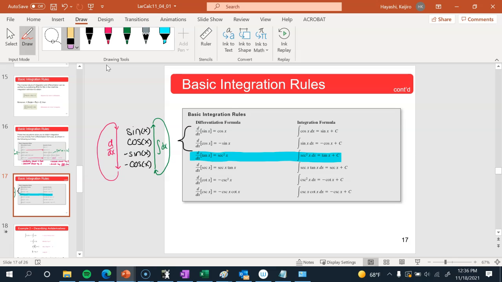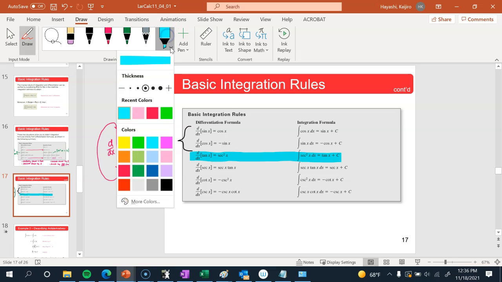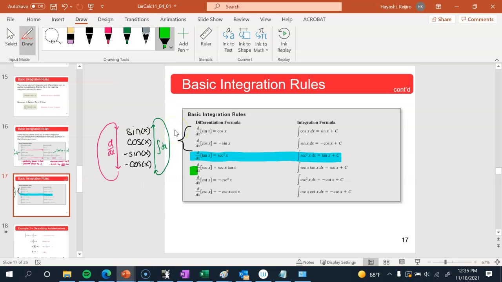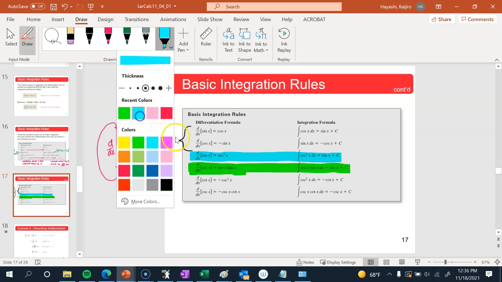And all these have a plus c. Similarly, all this is sort of asking you to remember is that, if the derivative of secant is secant tangent, well, then sort of reading that backwards, the integral of secant tangent should get you secant. And it's the same for these.